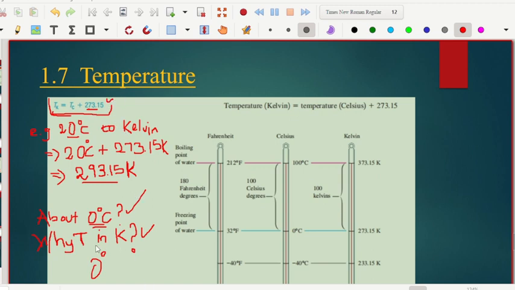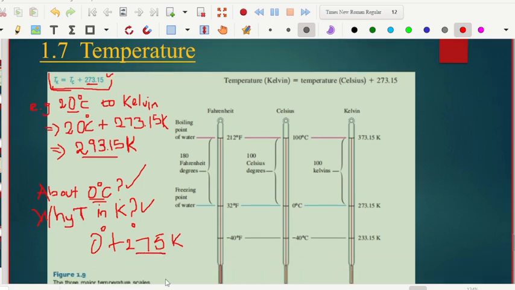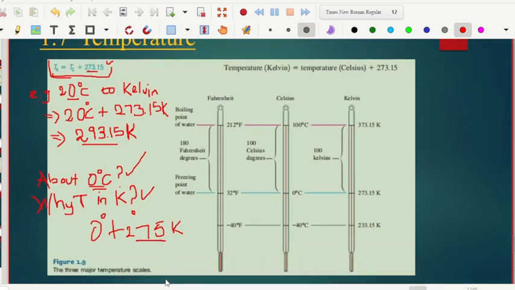So no wonder we use temperature in kelvins instead of degrees Celsius, because 0 degrees seems like there isn't any temperature. But kelvins tell you the kinetic energy that substance has. So that's what you need to know about temperature in kelvins.